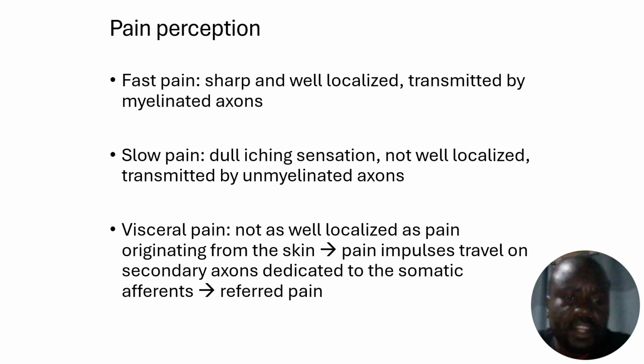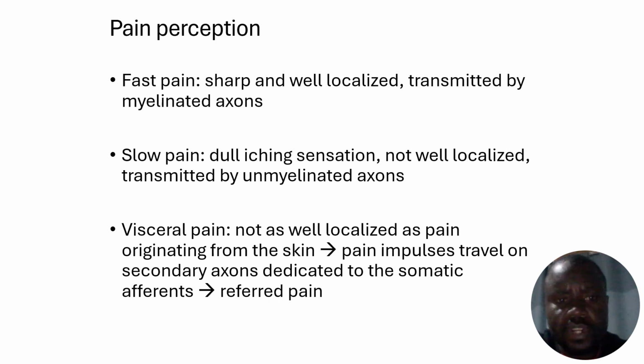So finally, an introduction to pain: pain is a very important sense. It helps us to sense a tissue injury or potential tissue injury. And we have different classifications of pain. But we are going to define pain as an unpleasant sensory or emotional response that exists as a result of tissue or potential tissue injury.